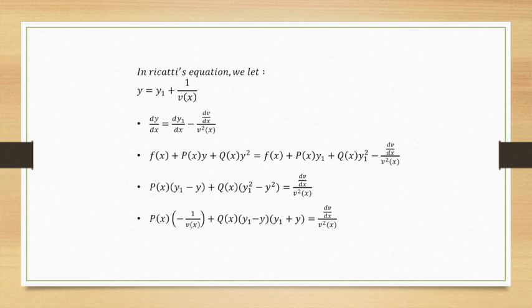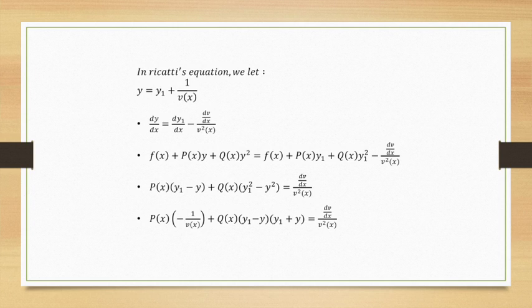After that, we take the differentiation, and we get dy over dx is equal to dy1 over dx minus d phi over dx over phi of x squared. Then we can get f of x plus p of x y plus q of x y squared is equal to f of x plus p of x times y1 plus q of x y1 squared minus dphi over dx over phi of x squared.